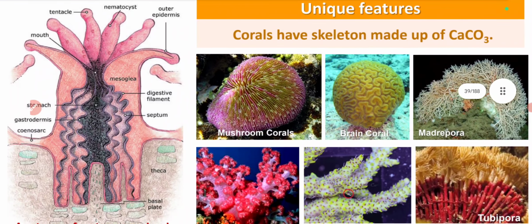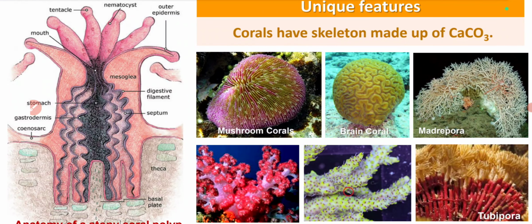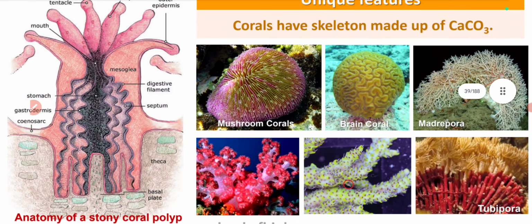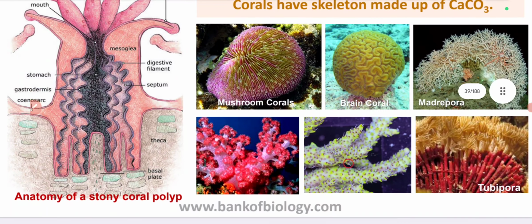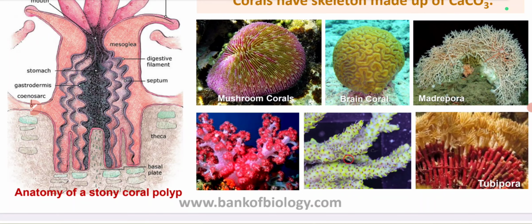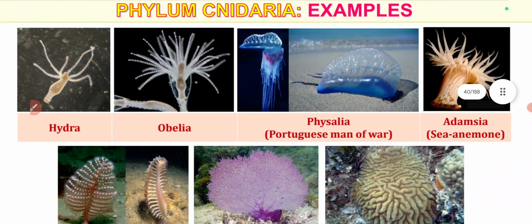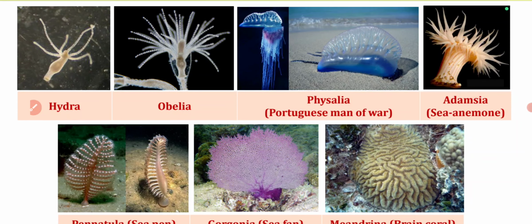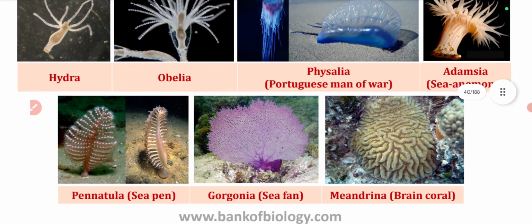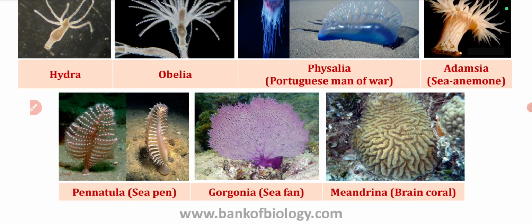Some other unique features: corals have skeletons made up of CaCO3, calcium carbonate. Examples: mushroom coral, brain coral, Madrepora and Tubipora. Examples of phylum Cnidaria: hydra, Obelia, Physalia or Portuguese man of war, Adamsia, sea anemone, Pennatula, sea pen, Gorgonia, sea fan, Meandrina, brain coral.